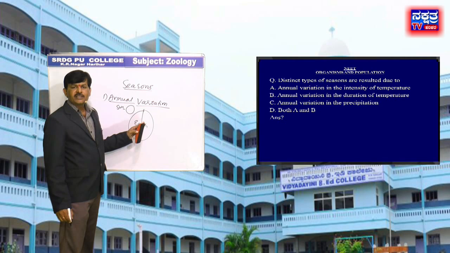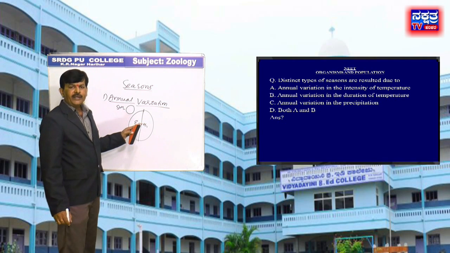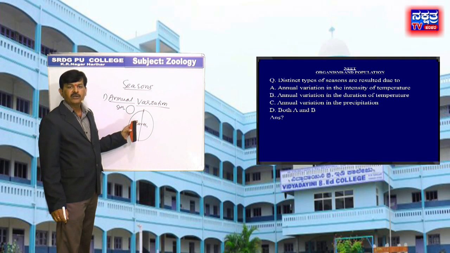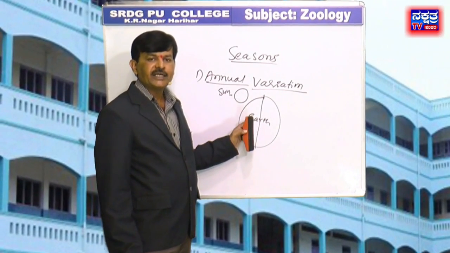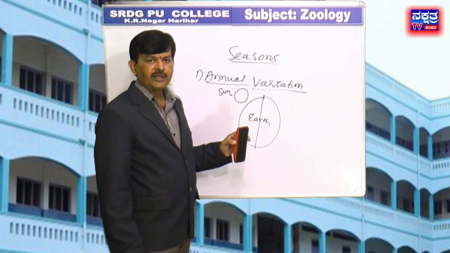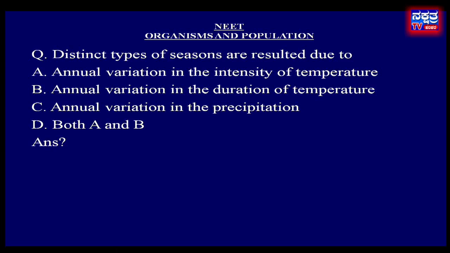Then second one is annual variation in the duration of temperature. Annual variation in intensity and duration of temperature together with annual variation in precipitation account for the formation of major biomes such as deserts, rainforest and tundra. Therefore, on the basis of above points, D, that is both A and B, is the right answer.